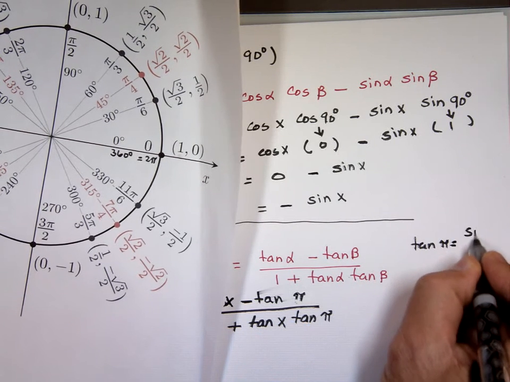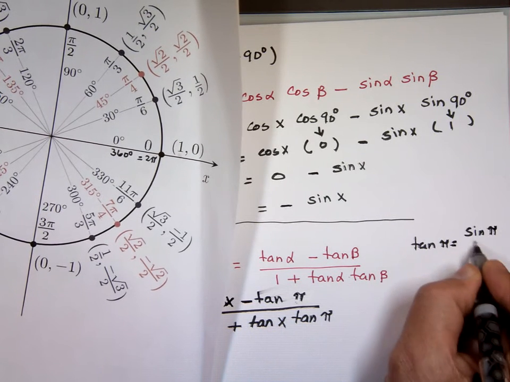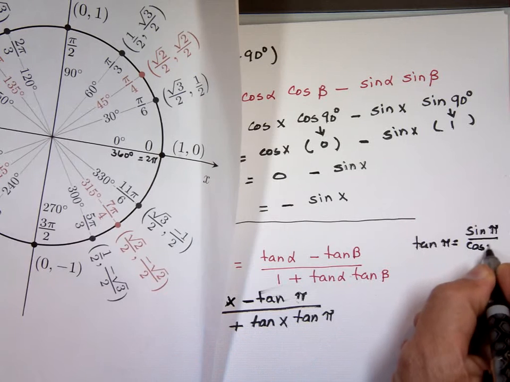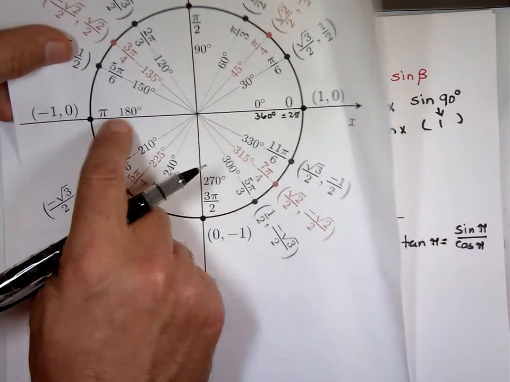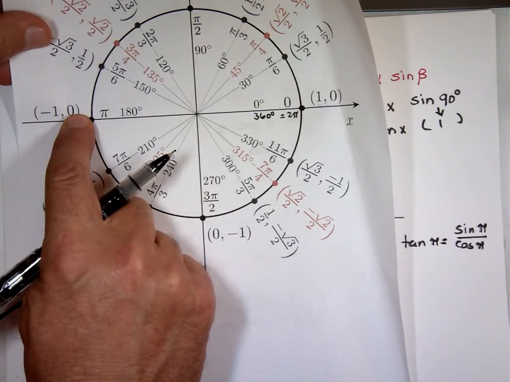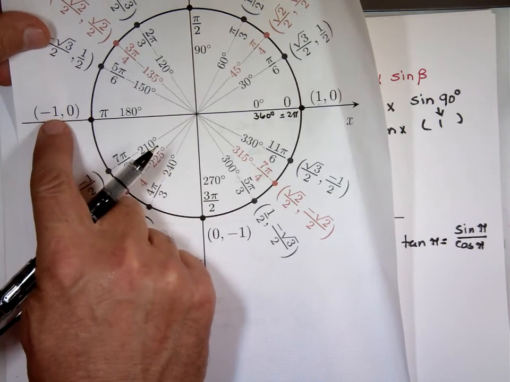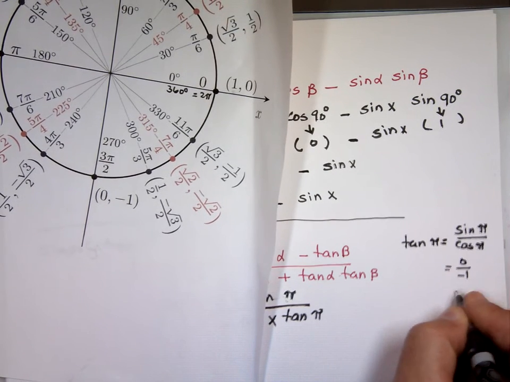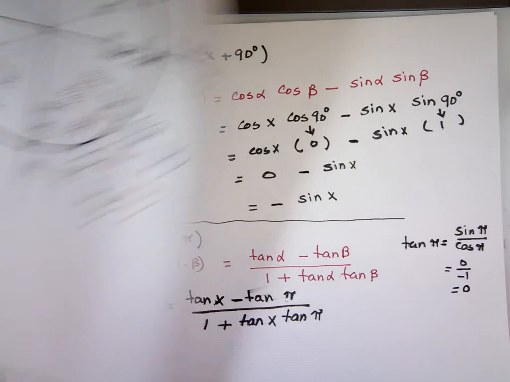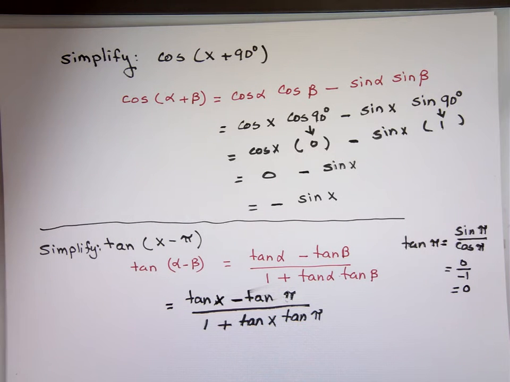Sine of pi over what? Cosine of pi. Look at pi. What's the sine? 0. What's the cosine? -1. So 0 over -1, which is what? 0. So the tangent of pi is 0.